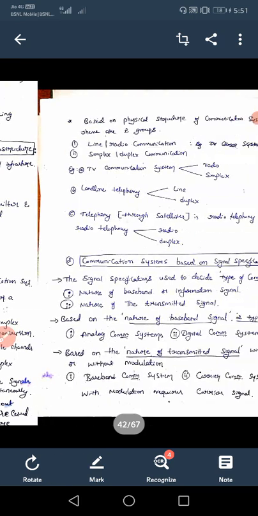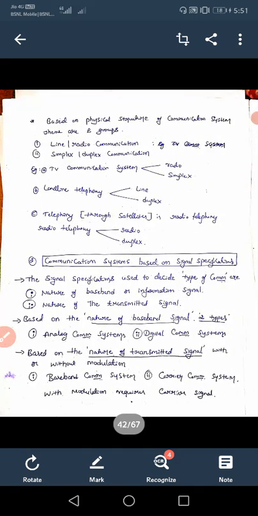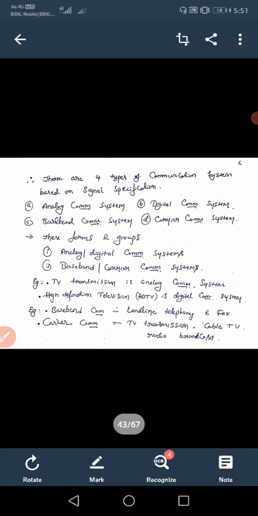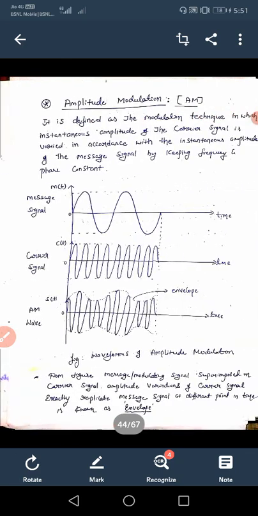Next, 7C, define amplitude modulation with the help of waveform. Explain amplitude modulation. So this is the answer. In the syllabus, many amplitude modulation concepts are not given, but here one small thing should be noted down: explain amplitude modulation.